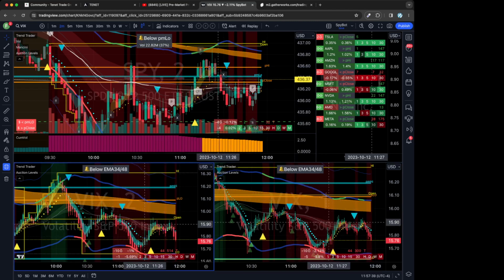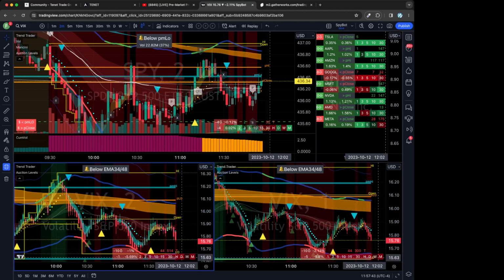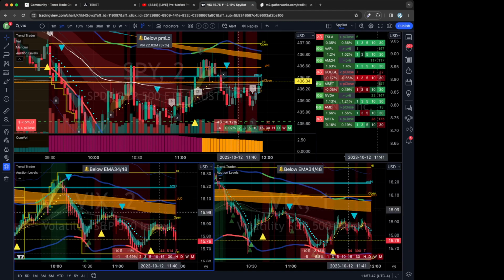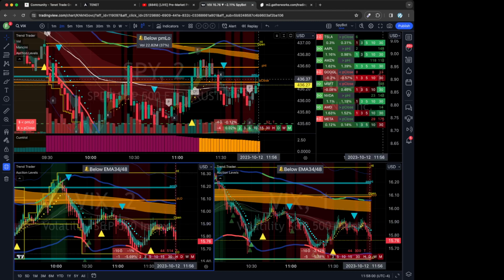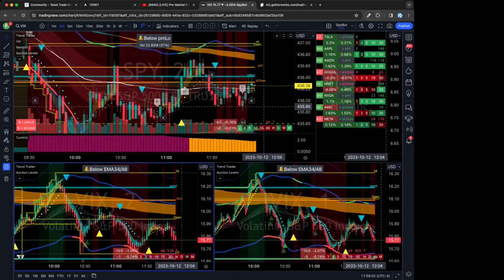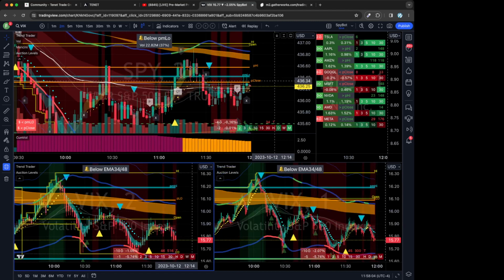So right now this guy is going down, so it might go up. But I want to see one of these guys crossing the fence, or at least both of them. Then I think it would be a good trade. Other than that, you could scalp, but there's nothing bullish about SPY.